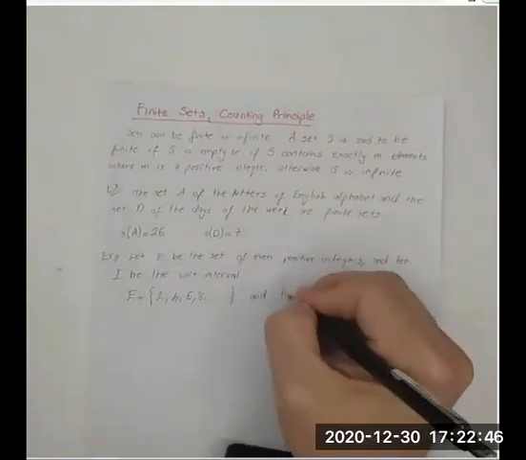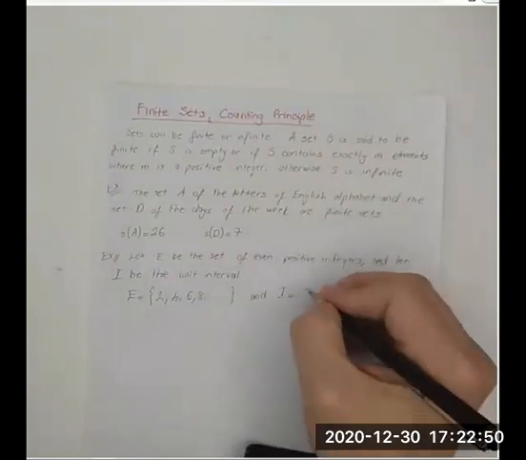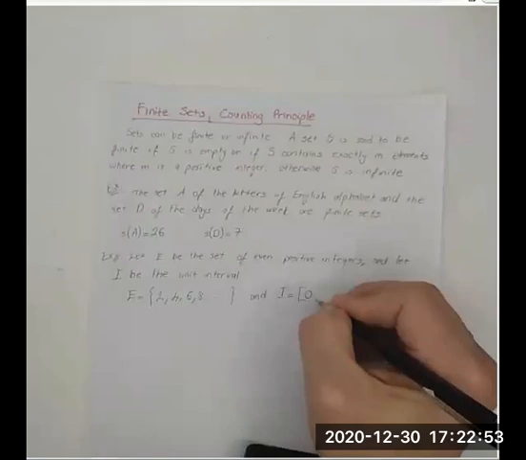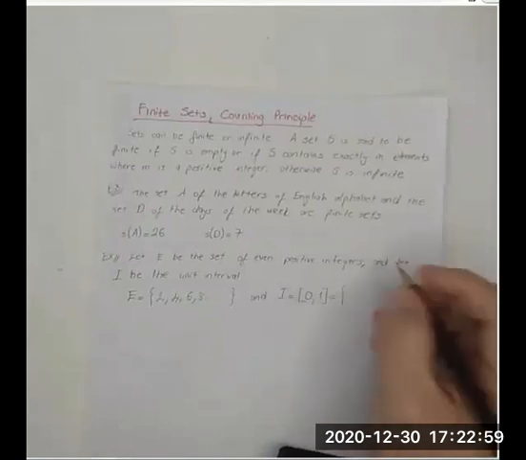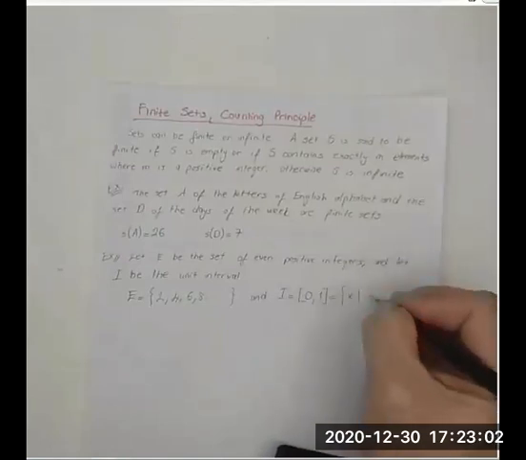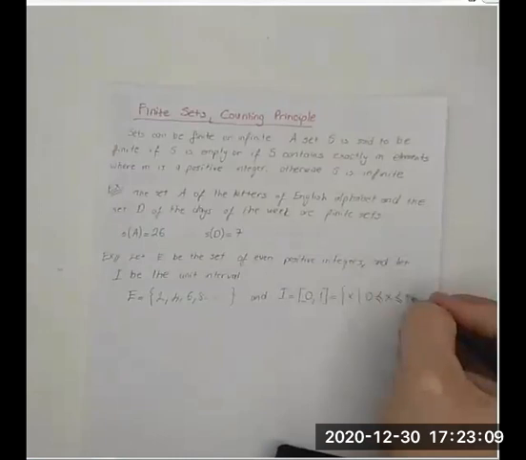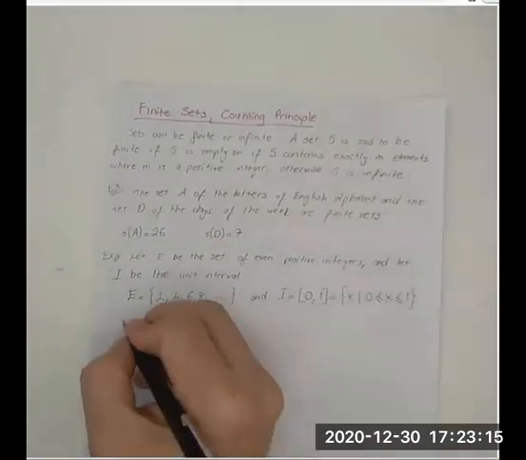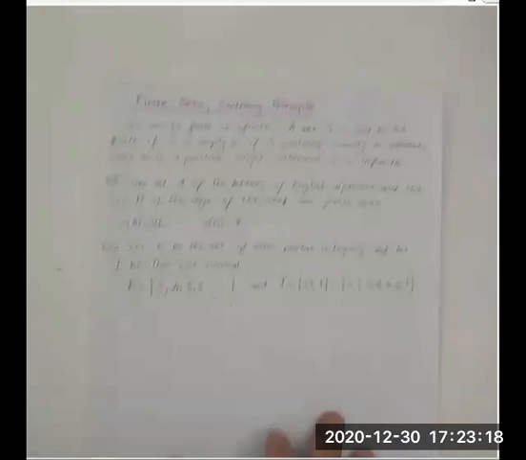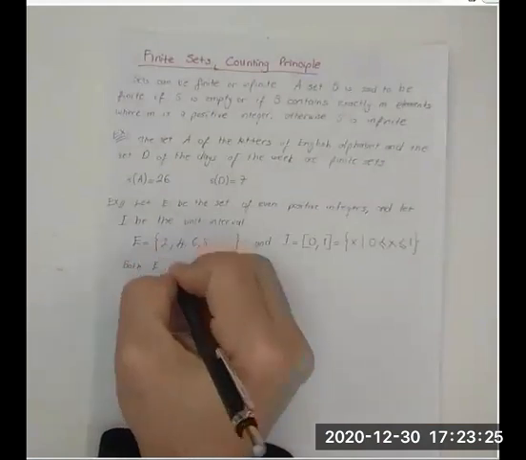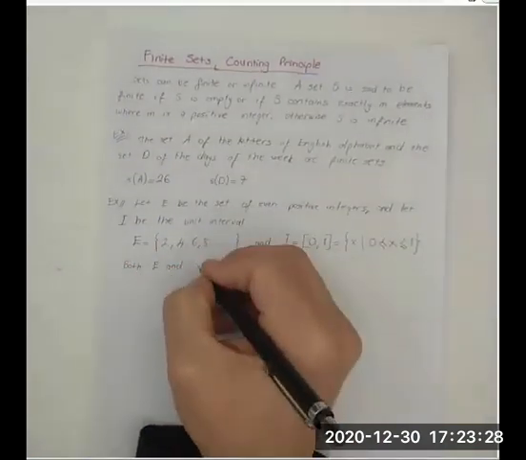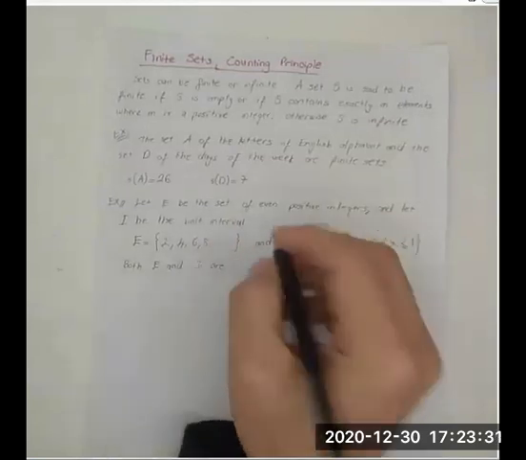And there is the set I, representing the interval, let's say 0 to 1, which means x such that 0 is less than or equal to x, which is less than or equal to 1. So both E and I are infinite.